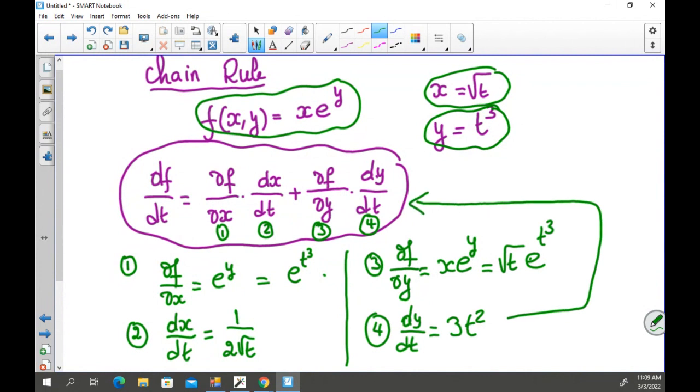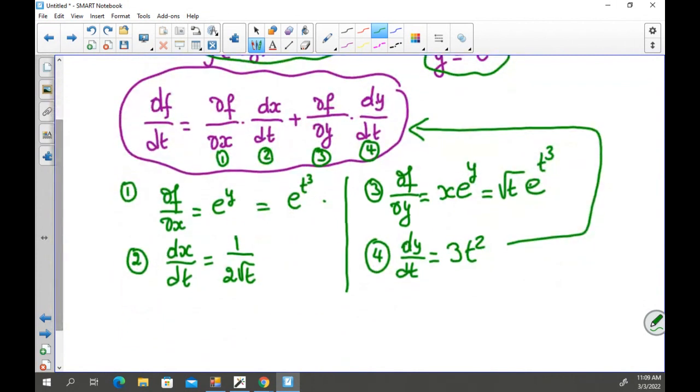Now let's take all these 4 things and use them here. Remember, the question is to find df over dt. You see the question here. What is df over dt?